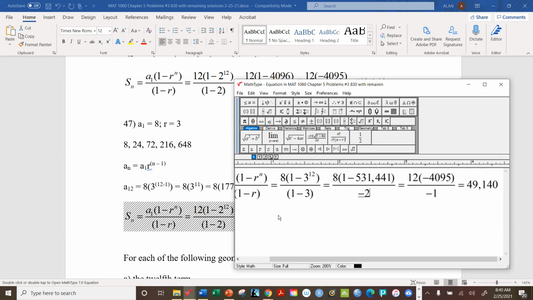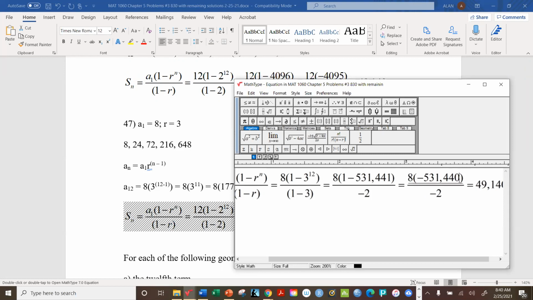And then what we have to do is simplify this a little. Eight. Down here we have minus 2 again. And here we have minus 531,440. Okay.